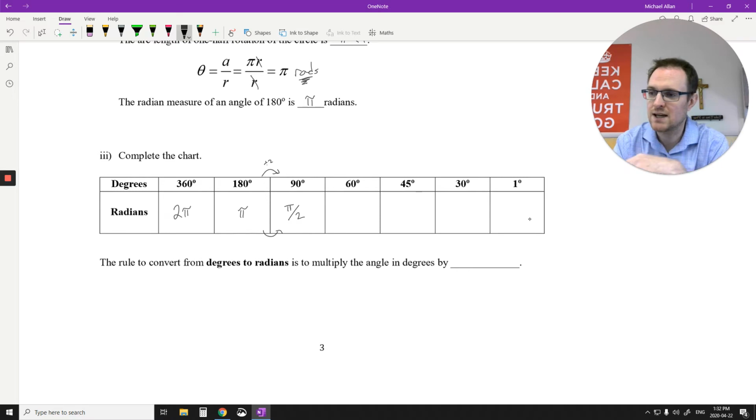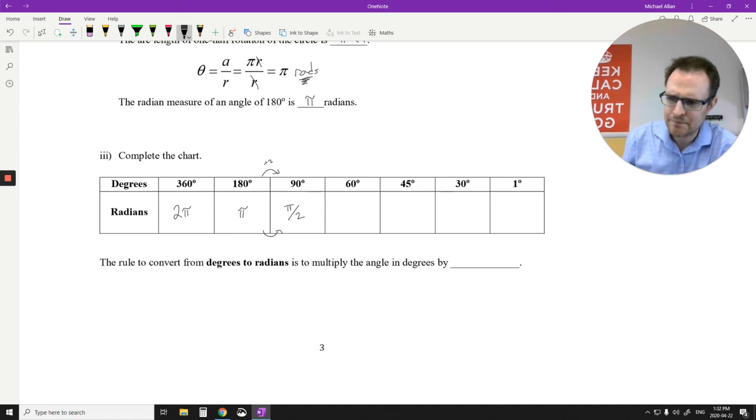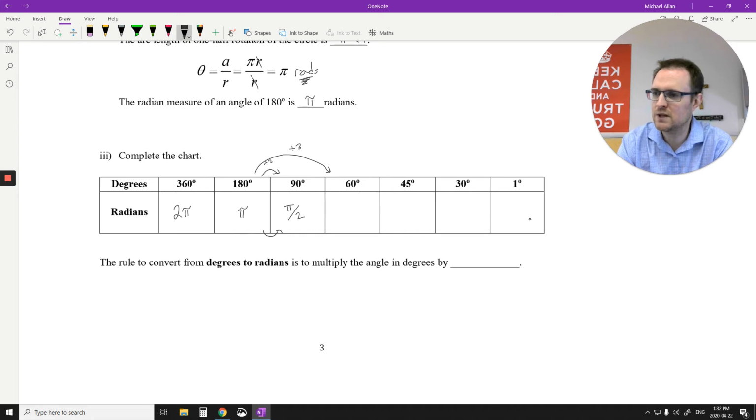So we just write that out. We're not actually going to divide by 2 in a calculator and get 1.5707963, blah, blah, blah. We're actually just going to write pi over 2. To go from 180 to 60, I would divide by 3.